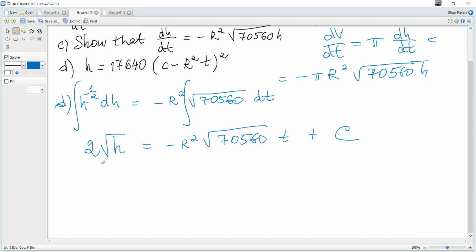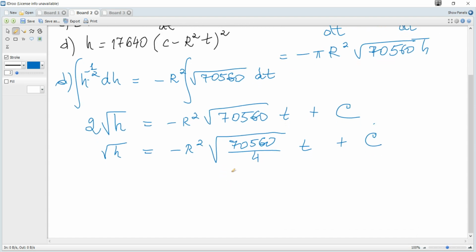Dividing each term by 2, let's rewrite: the square root of h is equal to negative R squared times a square root, but under the square root it becomes divided by 4, then t, plus the constant divided by 2, which is just another constant to be found, so it doesn't matter. You may write c over 2, but it's just another constant, so you may keep saying constant or write a, it doesn't matter.